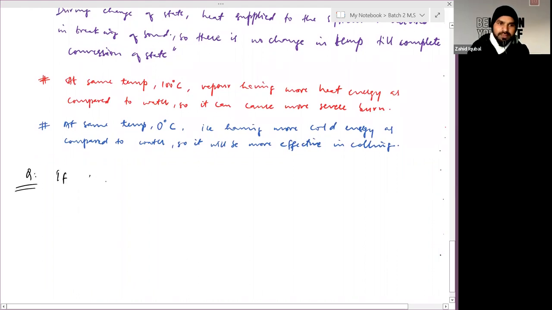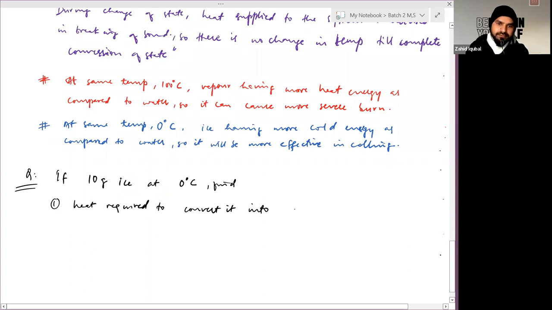If 10-gram ice at 0 degrees Celsius, find first the heat required to convert it into water at 10 degrees Celsius.